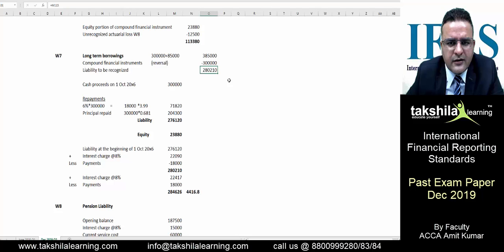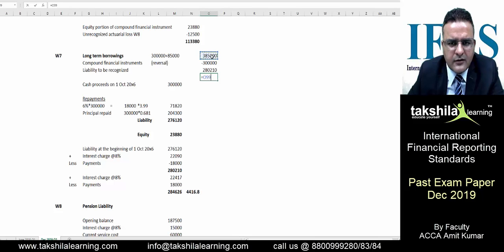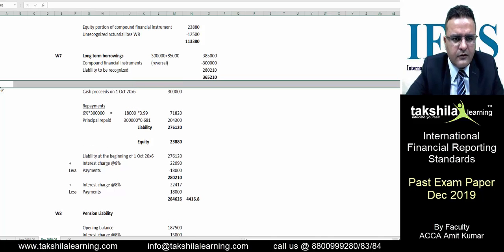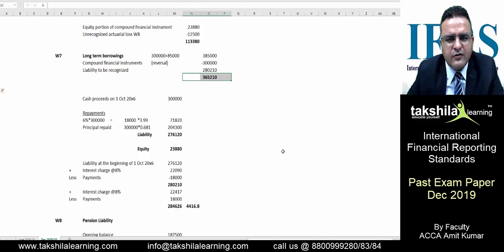We calculated here the liability to be recognized, but the total balance is supposed to be 3,85,000 minus 3 lakh plus 280,210, which is 365,210. That is the amount to be recognized as part of the balance sheet.